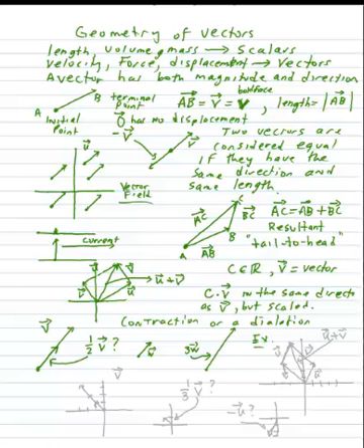Here's an example. If this is our coordinate system, and let's say the vector u is over here in the first quadrant, and let's say the terminal point of vector u is at (1, 3). And let's say the vector v is in the second quadrant, and the terminal point of vector v is here at (-3, 3). The question says, find u plus v.